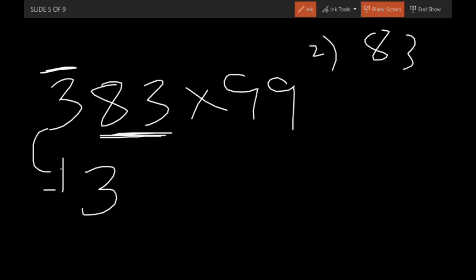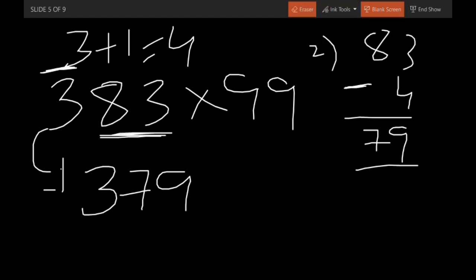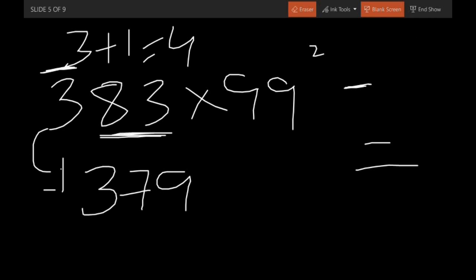We write 83 and subtract from it the first number 3 plus 1, that is 4. So we subtract 4 from 83, and it is 79. So we are going to write 79 here. I'll just erase this one. I think you understood the second step.